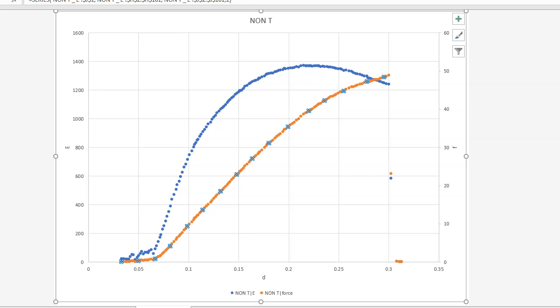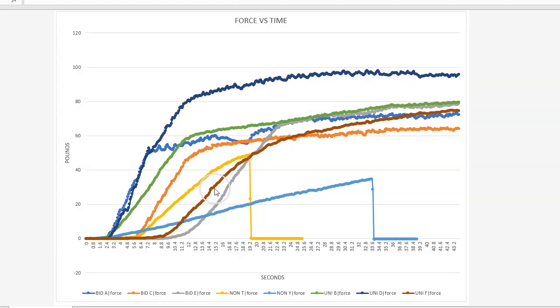And the reason we want to do that is, let's go back and look at all the forces charts. Right here we have these two. These two are just pieces of foam with nothing on them, and you can see that the fail points were radically different based on how high this went before it failed. So what we would need to do is crunch about 15, 20, 30 of these to get a good average, and then do the same thing with unidirectional, and then do the same thing with bidirectional.